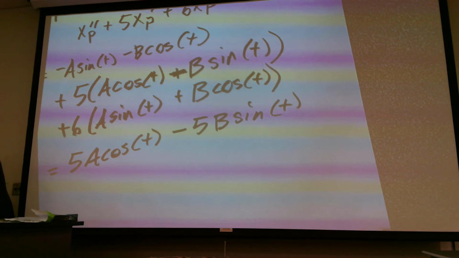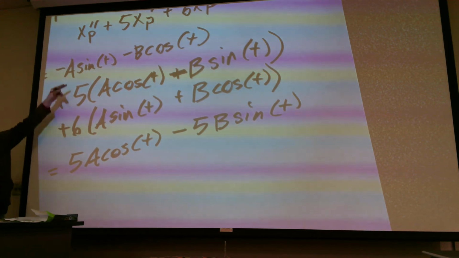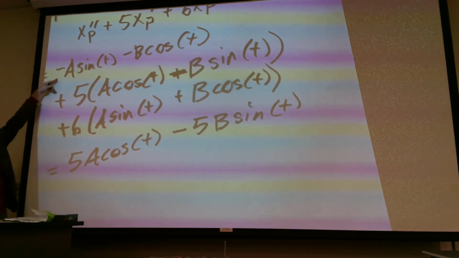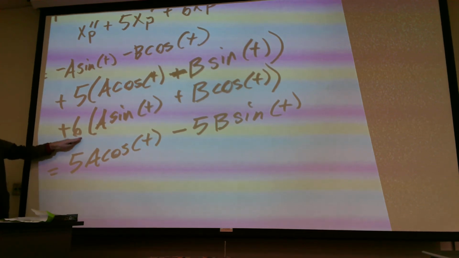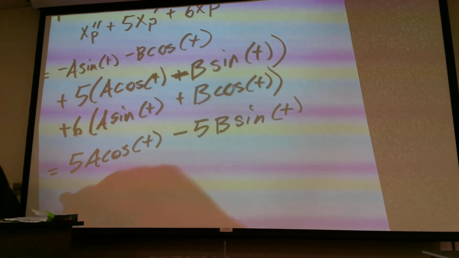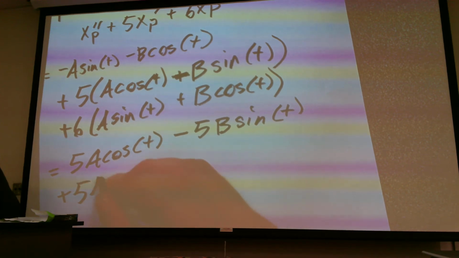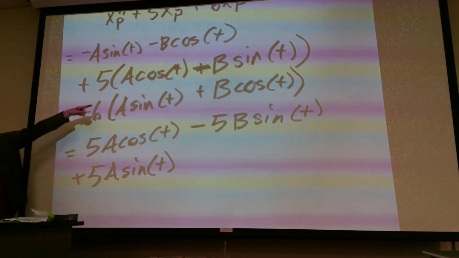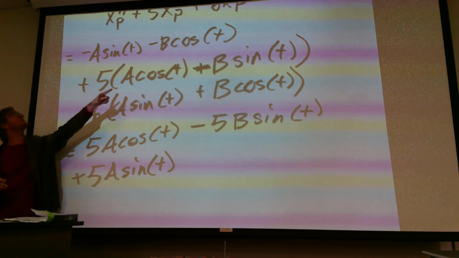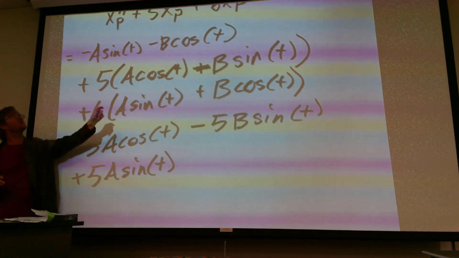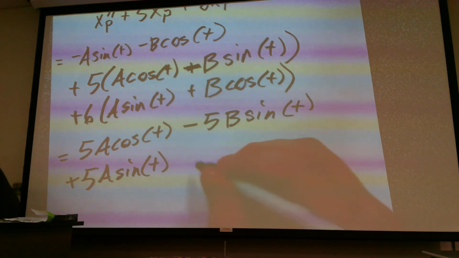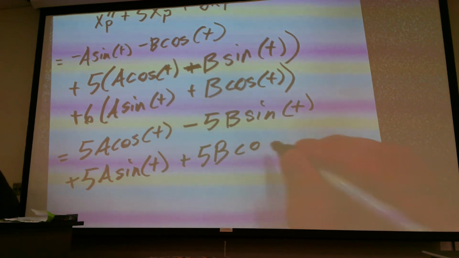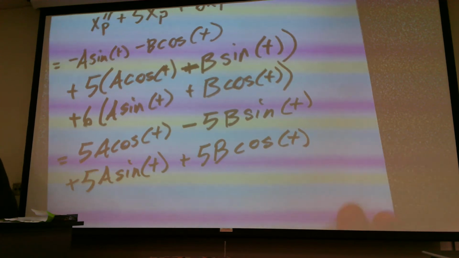Okay. And now I'm going to combine this line and this line. So negative a sine of t and 6a sine of t would become 5a sine of t. And now 6b cosine of t and minus b cosine of t would turn into plus 5b cosine of t.